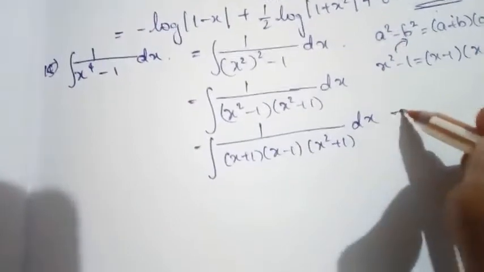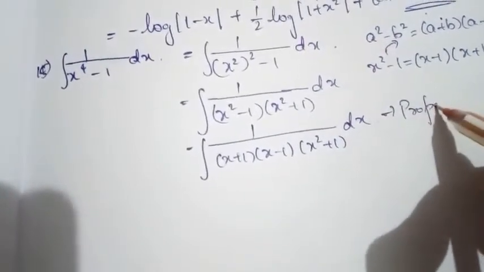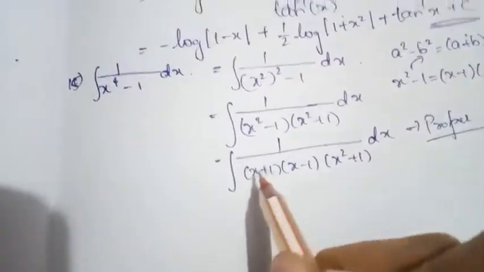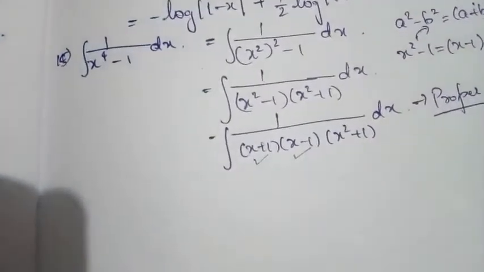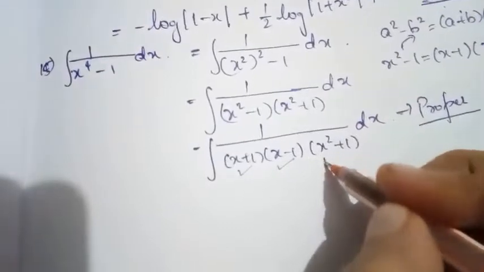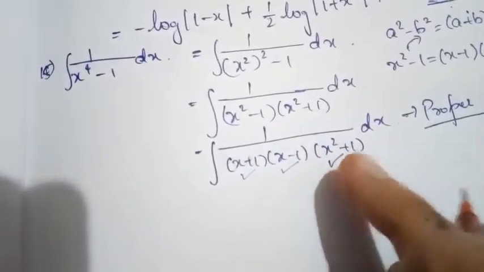Now observe the given question. Clearly it is a proper fraction. In the denominator we have non-repeating linear factors along with a non-factorizable quadratic.